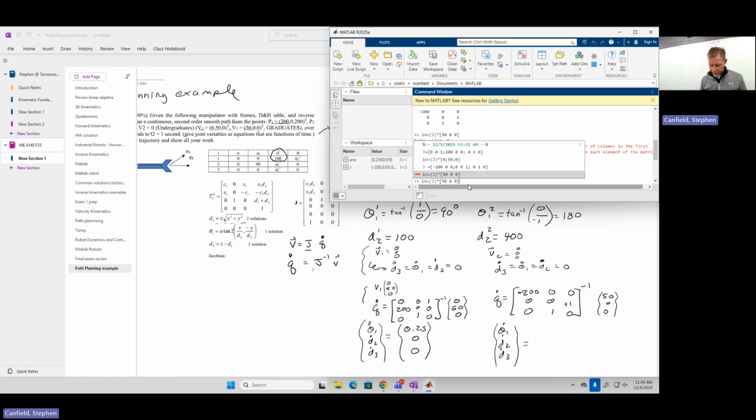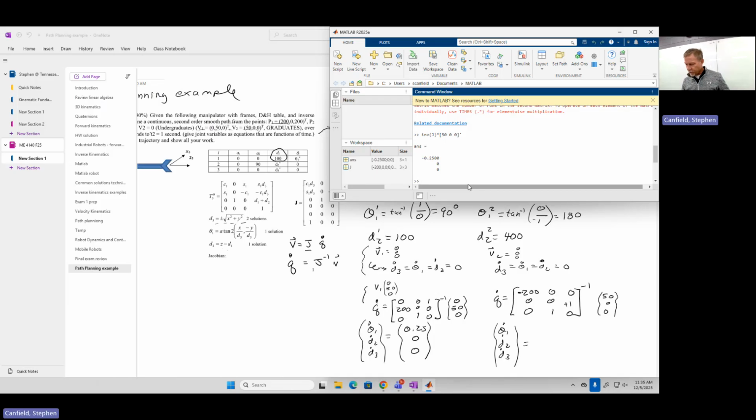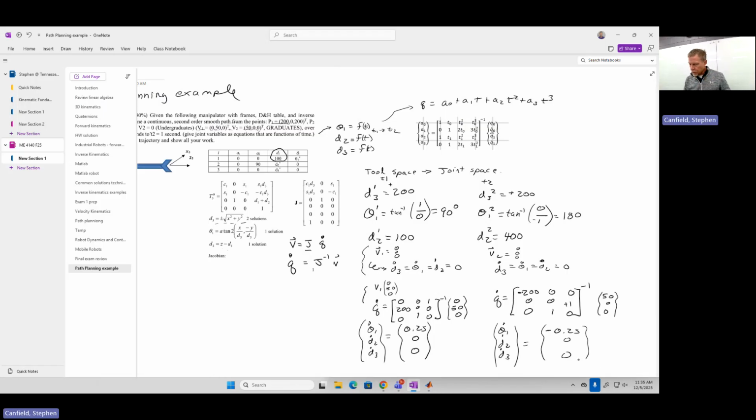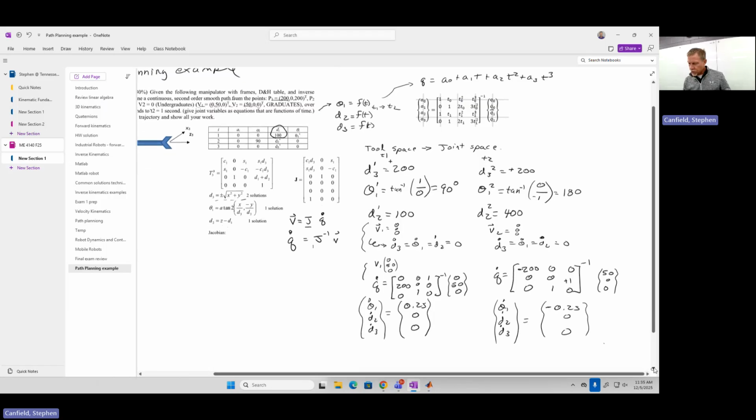Yeah, I forgot the semicolon. So this time I'm going to use a transpose. I get negative 0.25, 0, 0. Seems a lot, but I'm just going to stick with this and push on through.